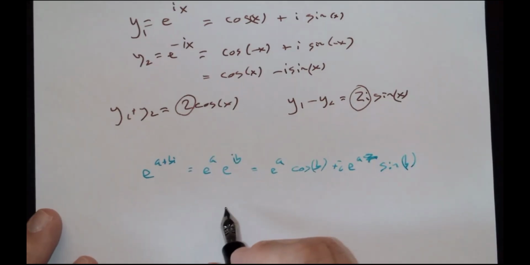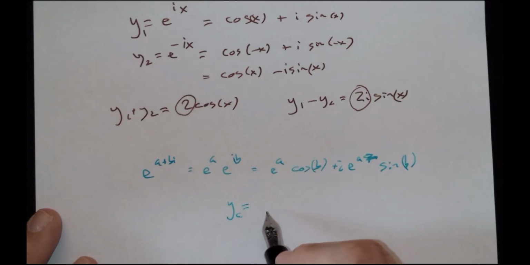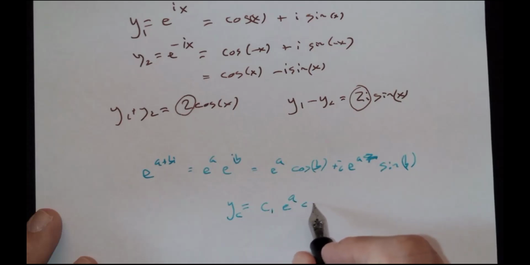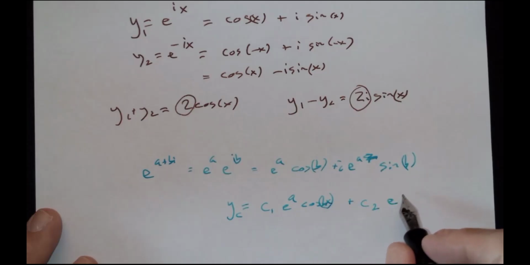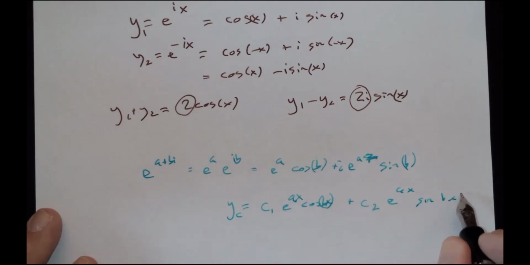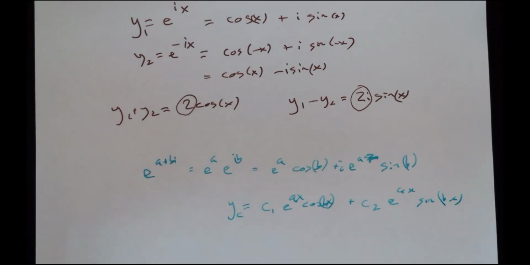And so my pieces are C1 e to the ax cosine bx and C2 e to the ax sine bx. But in the example we were just doing, a was 0. So e to the 0 is just 1. And that's why it's just 1 cosine x and 1 sine x up there.